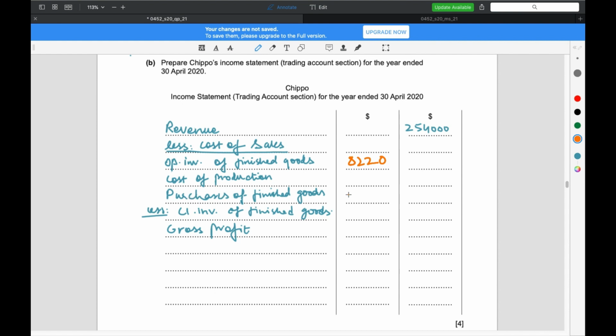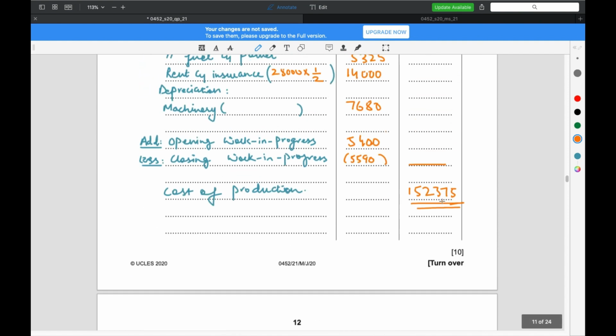Purchases of finished goods: he said we bought finished goods as well, so that is going to be $59,000. And then closing inventory of finished goods. He's given you that above as well. This was actually $7,885. And then the cost of production is the cost of the goods that you made, and that is 152,375.